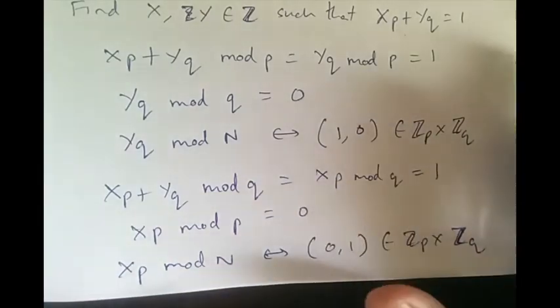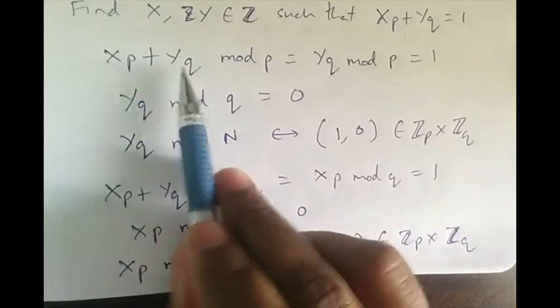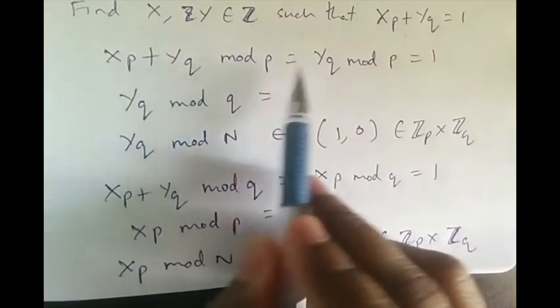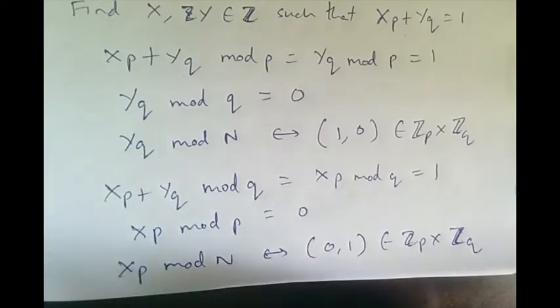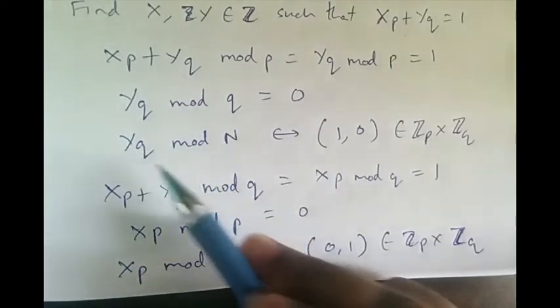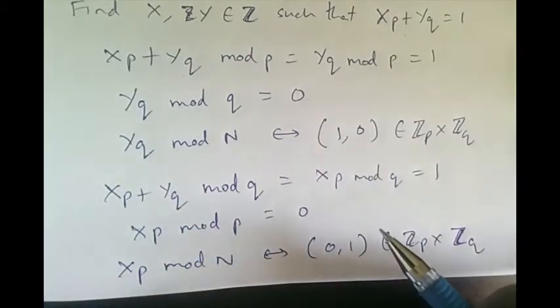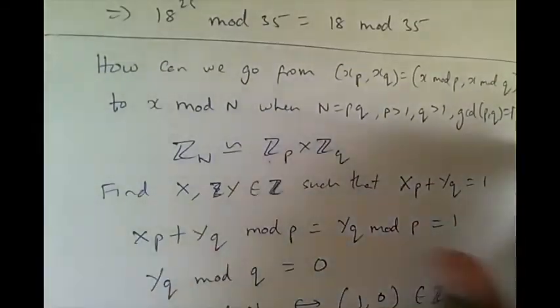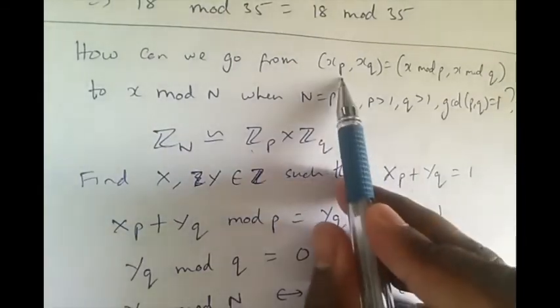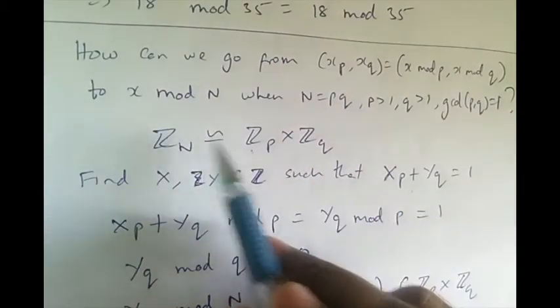So what has happened so far? We said that once we find these integers x and y such that xp plus yq is 1, then we have found integers yq and xp which map to 1, 0 and 0, 1 respectively. So now our question was, how do I go from a pair xp, xq in Zp cross Zq to this?